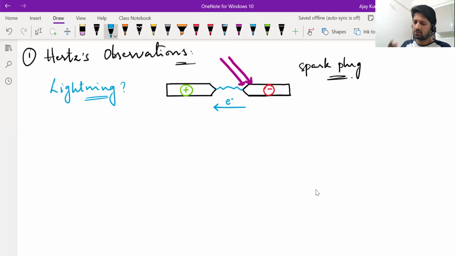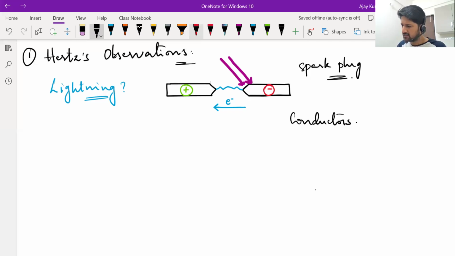Now both these electrodes are conductors. Conductors have something called free electrons. The free electrons of conductors are not absolutely free. They are free to roam around in the conducting material, on the conducting surface, but they can't leave the surface. Why can't they leave the surface?